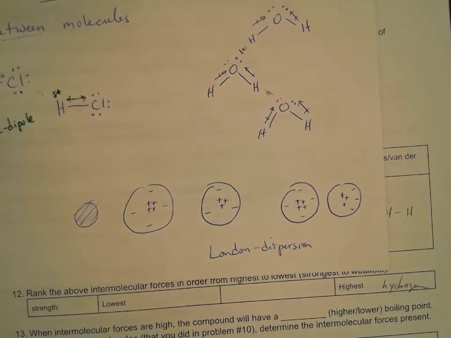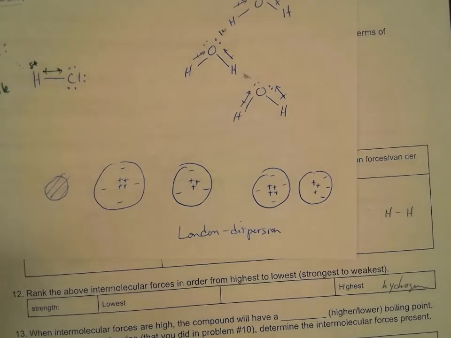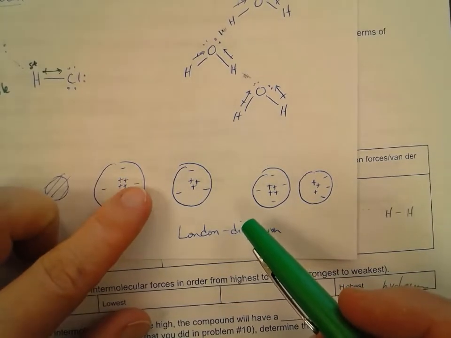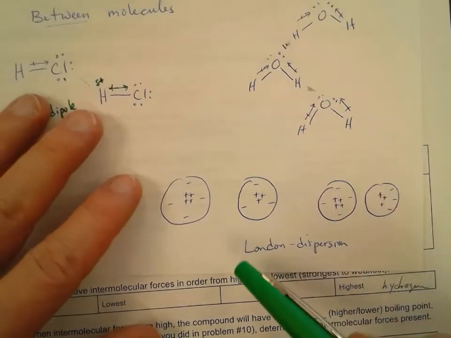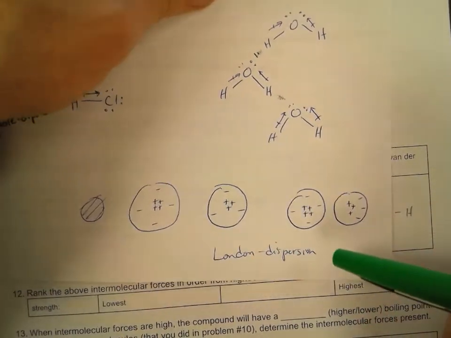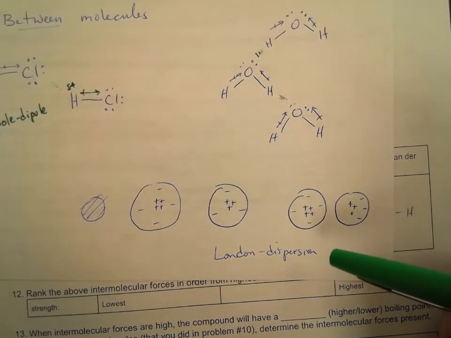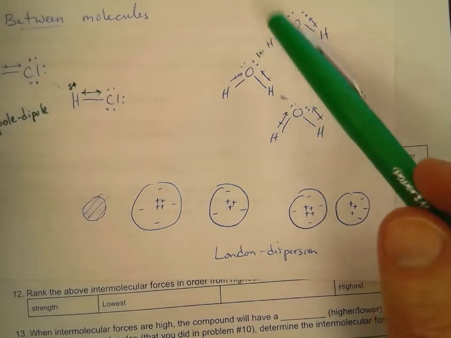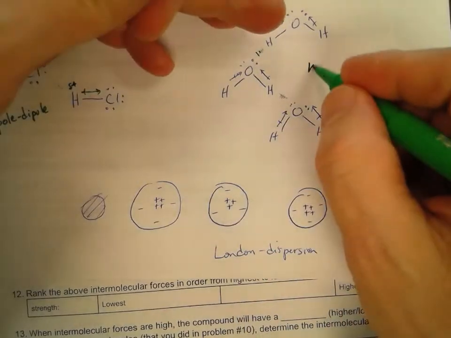And then lastly, when we have molecules that are non-polar, so I just use this as an example, we can have London dispersion forces or van der Waals forces that are much less significant than hydrogen bonds or dipole-dipole.